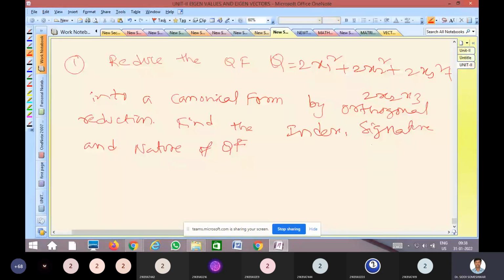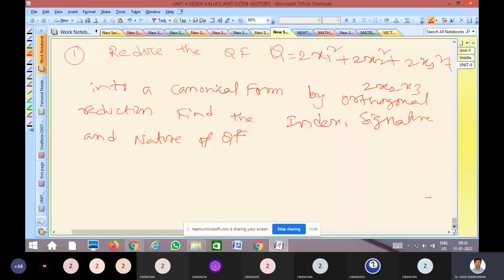We are using the second method, orthogonalization, to convert the given quadratic form into canonical form.